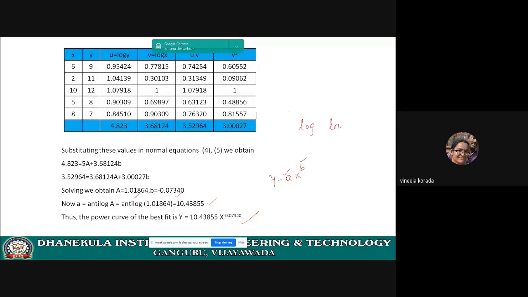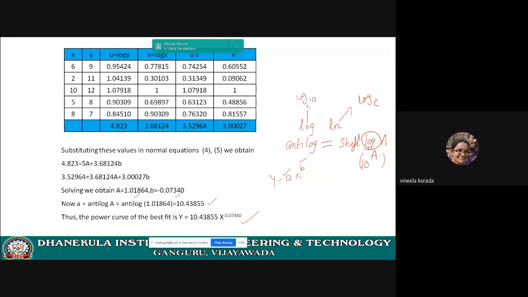For anti-logarithm in a power curve, you must take shift log of capital A, which indicates 10 power capital A. The shift ln is used for log to the base e. Since you are using log to the base 10, you must use shift log of A. Is it fine? Did you get the answer now?